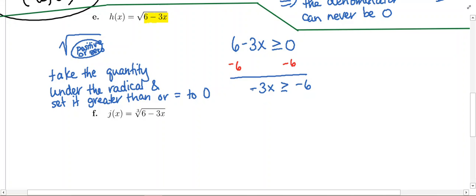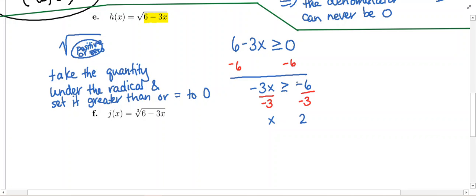X is being multiplied by negative 3, so to undo that, I'm going to divide by negative 3. If I do it to the left side, I have to do it to the right side. On the left, the negative 3's cancel and leave us with x, and on the right, negative 6 divided by negative 3 is positive 2.